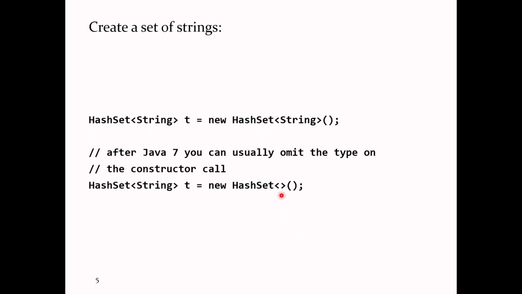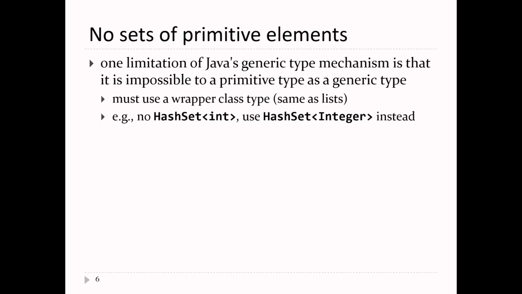In newer versions of Java, so anything above Java 7, you don't have to repeat the String word here. You can simply write new HashSet, angled brackets, round brackets. So we're calling the no-argument constructor here to make a new empty HashSet. Just like with lists, you can't make a HashSet of a primitive type. So you're always using the corresponding wrapper type instead.